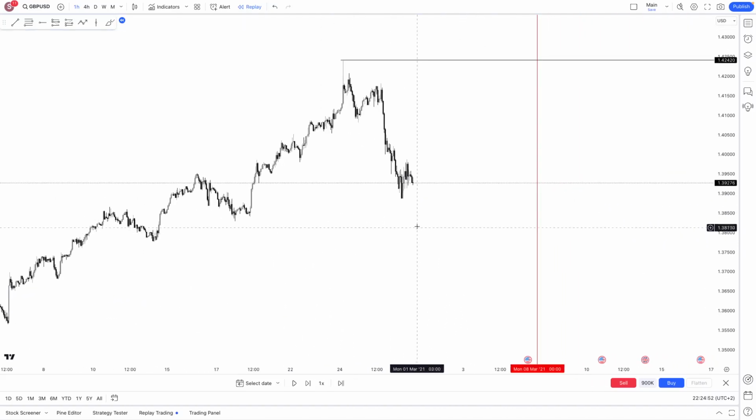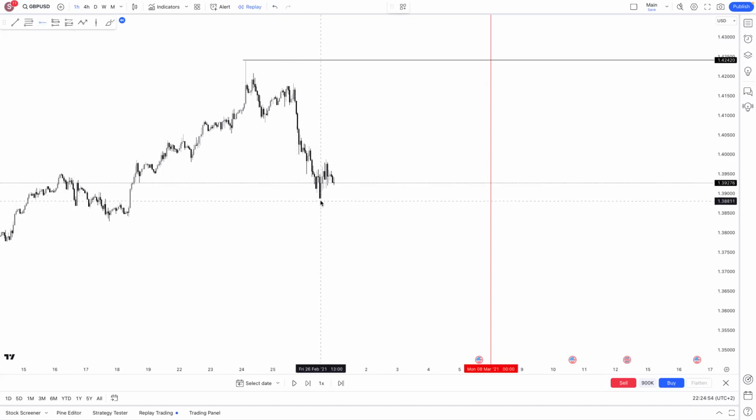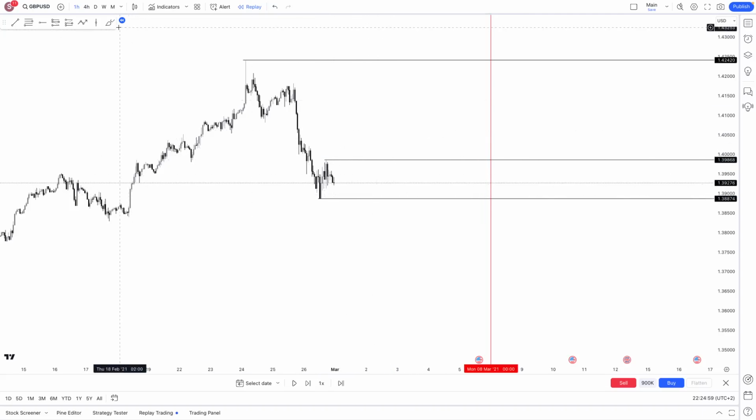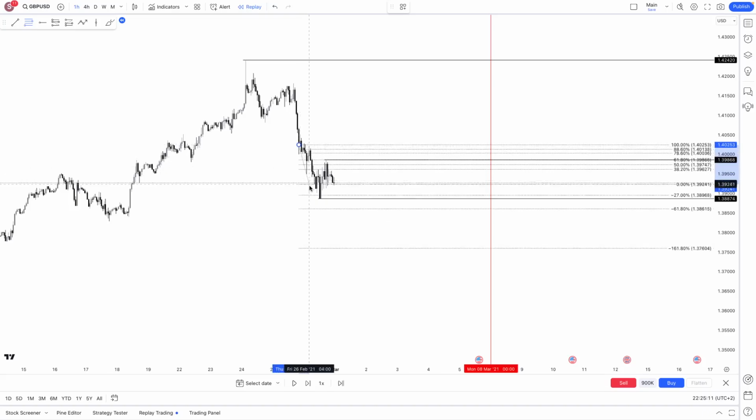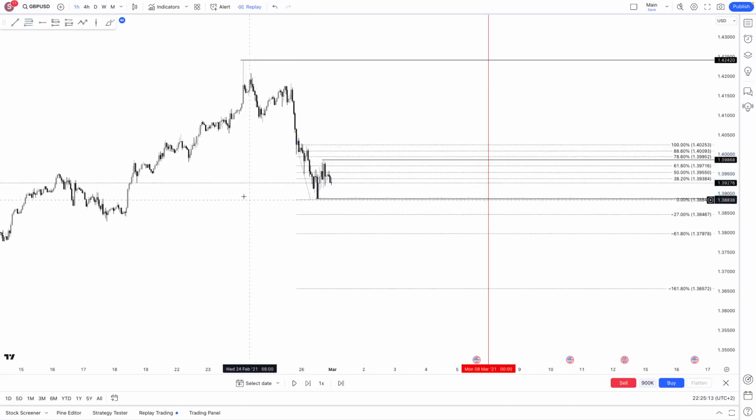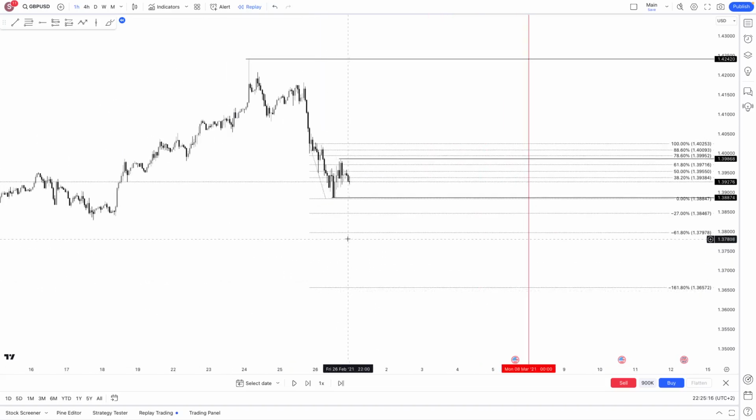Okay, so basically I'd like to see if price is going to break to the downside. I would like to see this push higher, possibly making something like this, and then I'll look for continuation to the downside. However, this can just break to the downside.